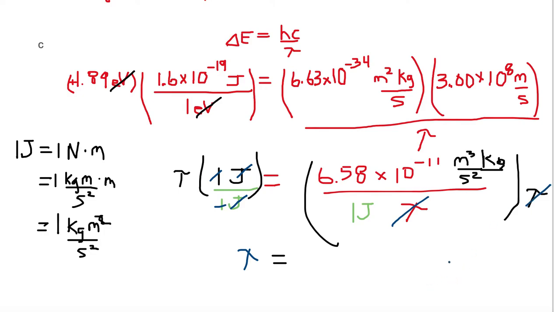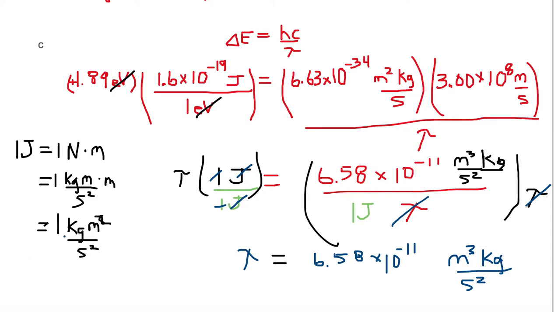So our units that are left over are going to be meter cubed times kilogram, divided by second squared. And we're left with 6.58 times 10 to the minus 11th. And we have units of joules, but we want to get rid of our units of joules.